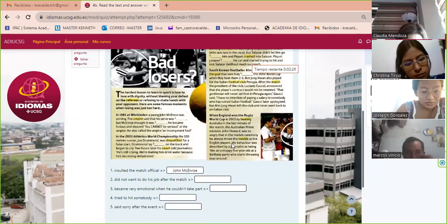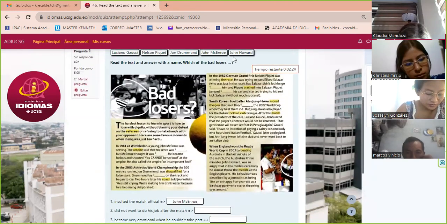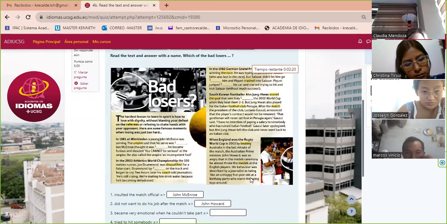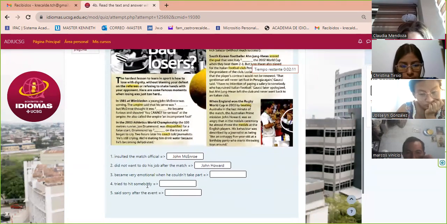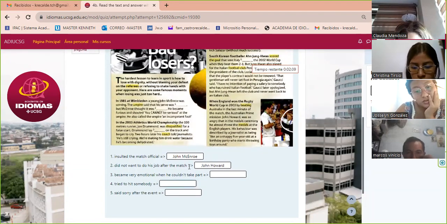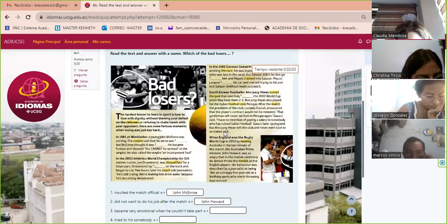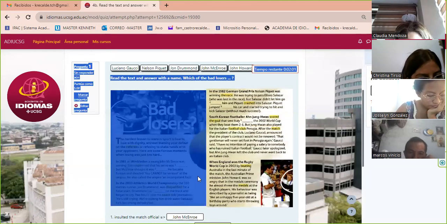John Howard. Okay, you say it's John Howard. Okay. Who became very emotional when he couldn't take part? Who tried to hit somebody? Nelson Piquet. Yeah. Nelson Piquet.